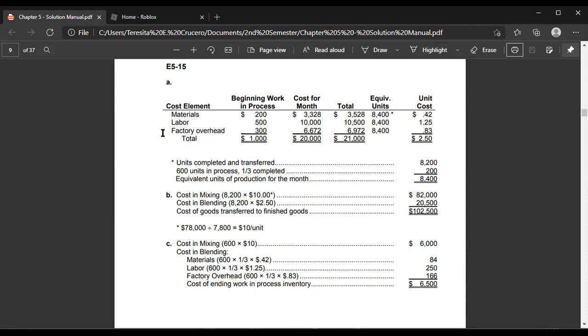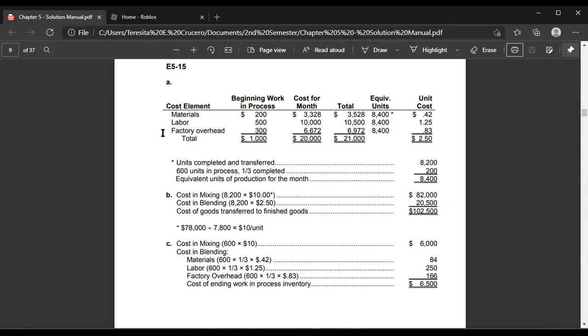That's why we are dividing 78,000 by 7,800 units received from the mixing, and using the average unit cost of 10.